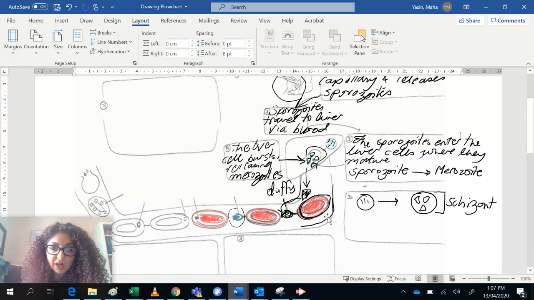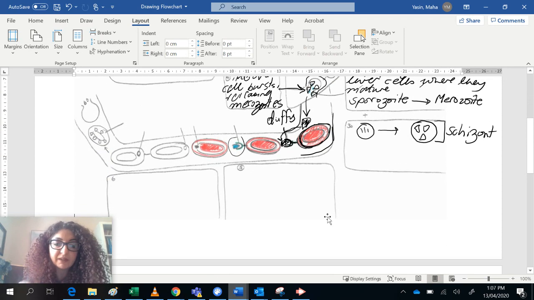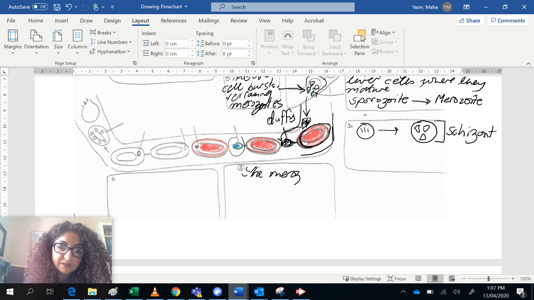But let's just write up our notes for number 5, where we're going to say that the merozoite attaches itself to the Duffy receptor.